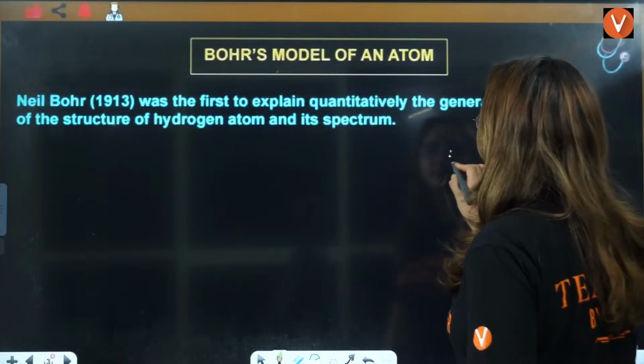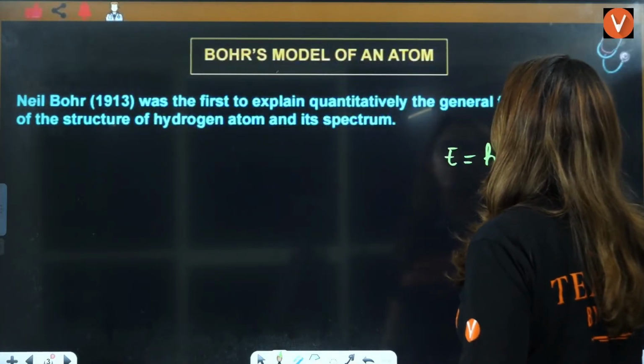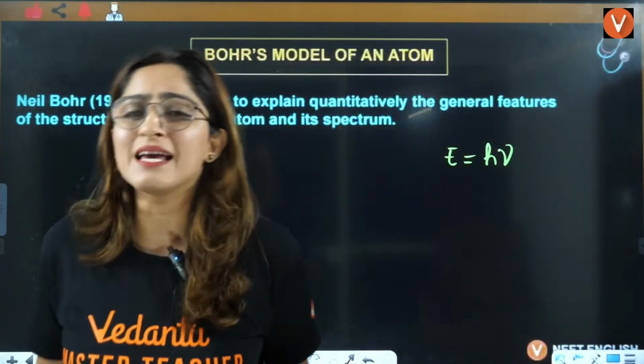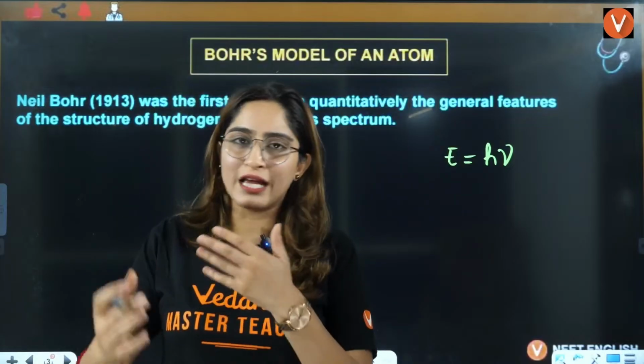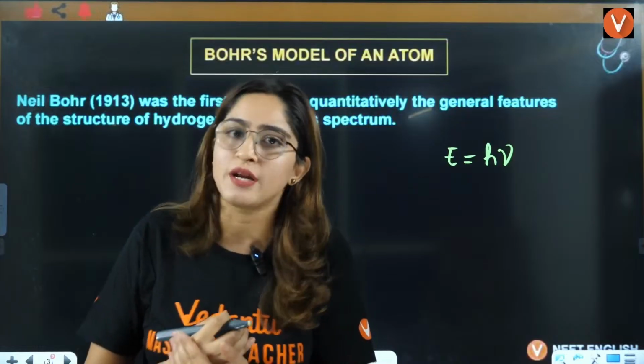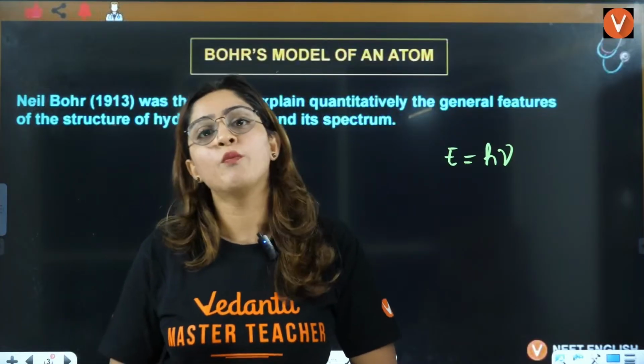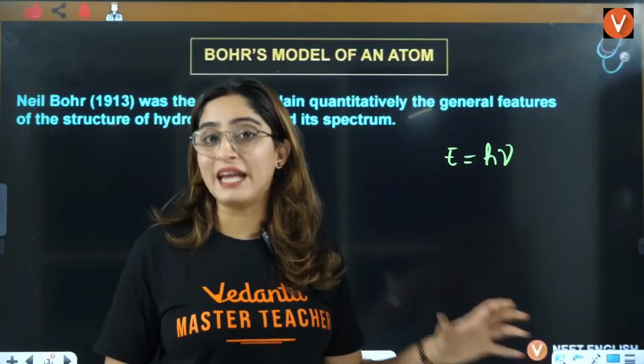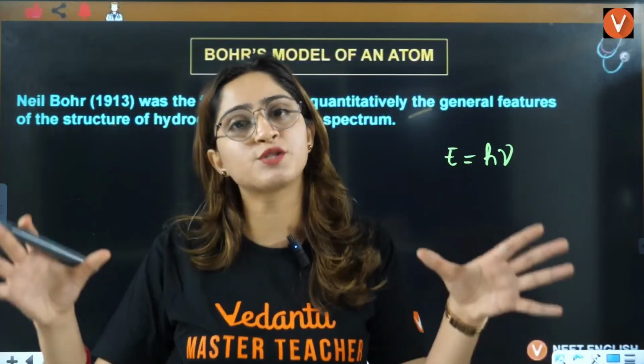That means we discussed that E is equal to h mu. Electromagnetic radiations, like electrons, possess particle nature as well. Based on this particle nature, Bohr made his model.